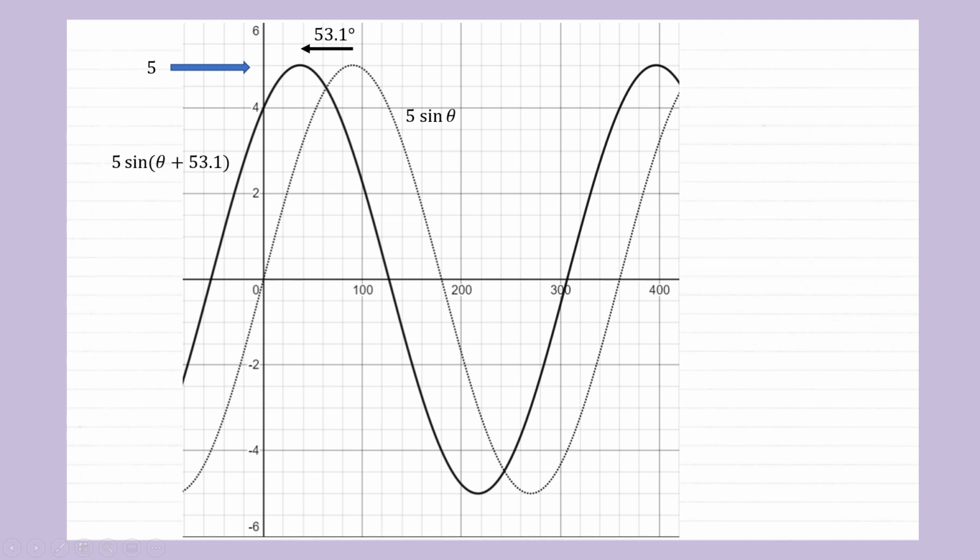Now you might be wondering why the height of the black curve is 5 and why it shifts back 53.1. And that is basically what the R formulas tell us. So here we've got 3 sine theta plus 4 cos theta equals 5 sine theta plus 53.1, and the 5 comes from the fact that the square root of the squares of the coefficients of the sine term and the cosine term is equal to 5.